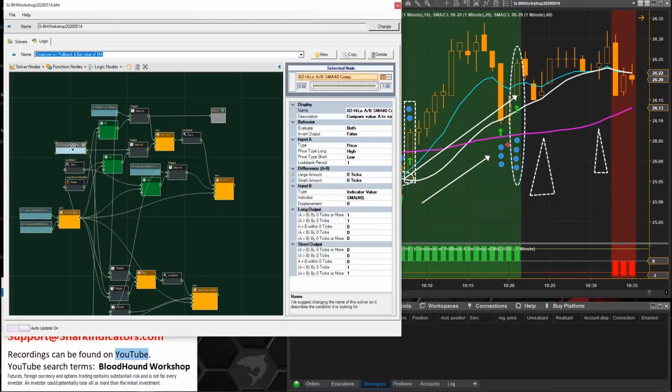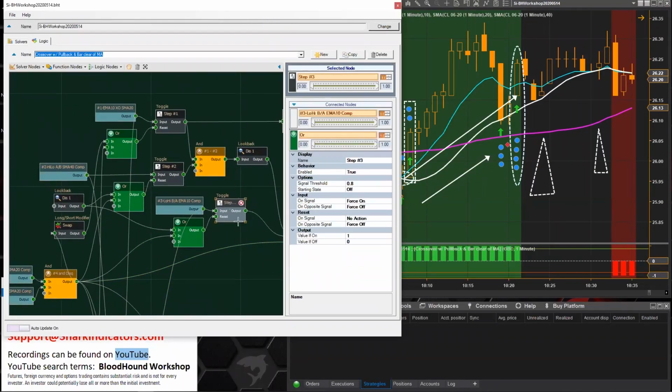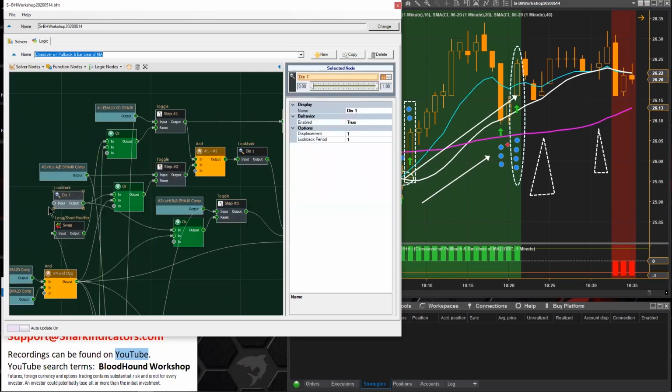Yeah, I need to come back and zoom in here, right? So this step number 3 toggle node, step number 2 toggle node. If you remember, right now this look back is disconnected. It's not doing anything right now.